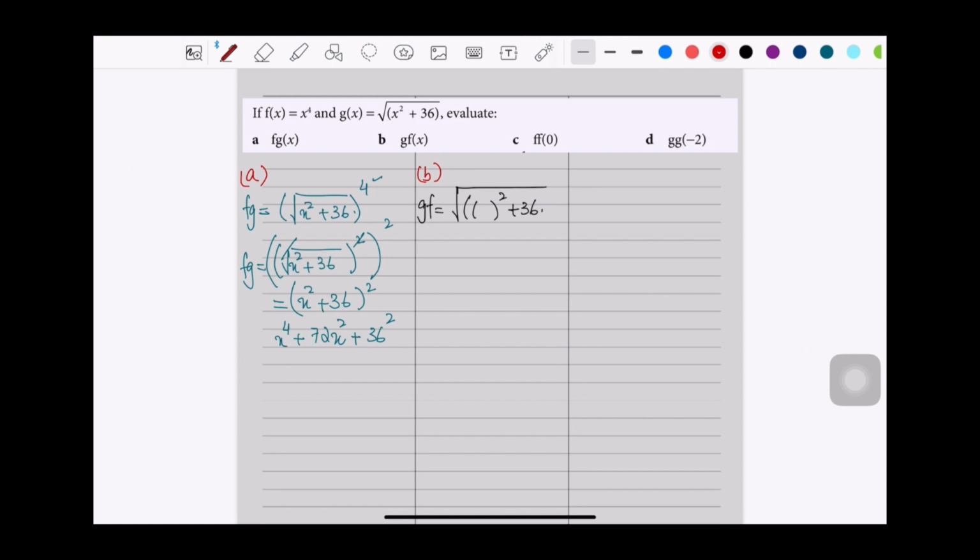Now as you could see, I'm writing down the value of x to the power of 4. This is my f. So now this is going to be, root remains as is, x to the power of 4 times 2 is x to the power of 8 plus 36. There's nothing much you can do about it now.